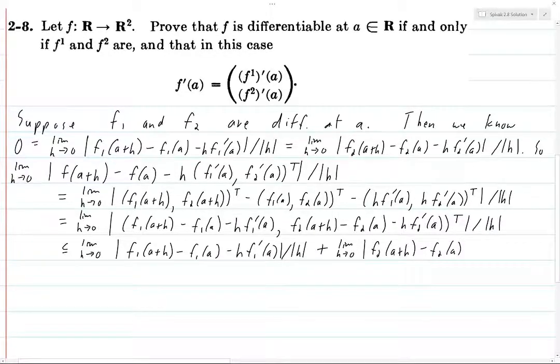We got this thing. It looks just like this. And here we have this. And then all of these things are 0.